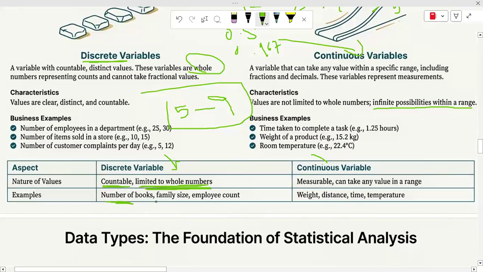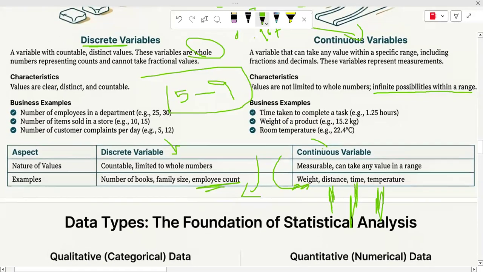Number of books, family size, employee count are whole numbers. The continuous variables are weight, 1.5 kilograms, 2.5 kilograms, 2.225 kilograms; distance in kilometers; time in seconds, milliseconds, nanoseconds; and temperature in Celsius, Fahrenheit, Kelvin. You can measure them.